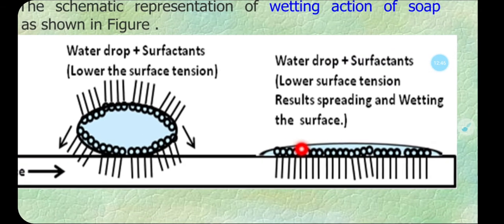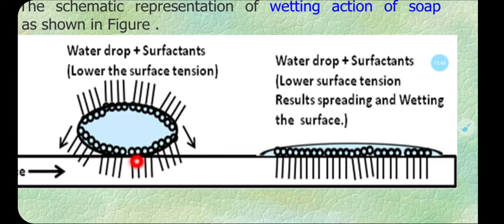In this way the water molecules are spread over the non-polar base. The hydrophobic part will be strongly adsorbed on the non-polar part, with the hydrophilic head at the top. So this hydrophilic head will adsorb or spread the liquid all over the surface.